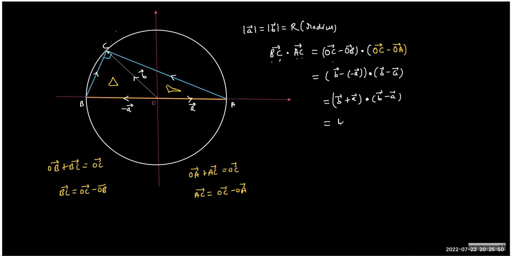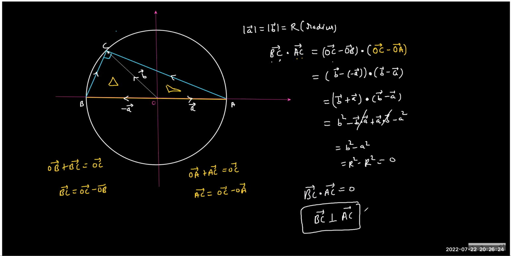So B dot B is B square, B dot A minus B dot A, A dot B, A dot B, A dot A minus A square. And these will cancel out each other. So we are left with B square minus A square. But the length of B is R, the length of A is R. Oh my God, BC dot AC turns out to be 0. The dot says they must be mutually perpendicular, hence proved.